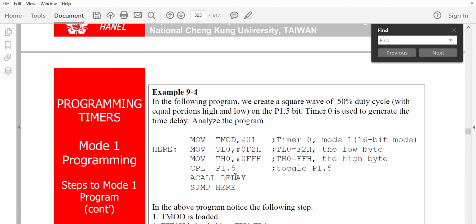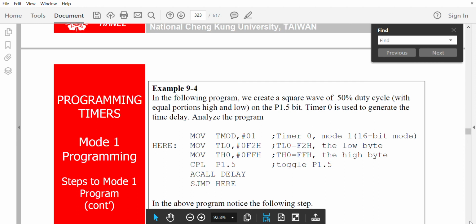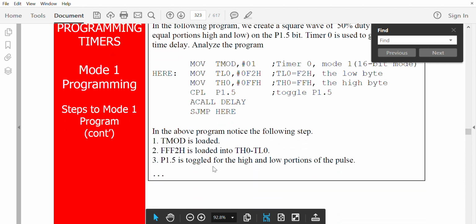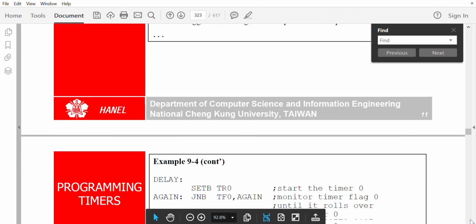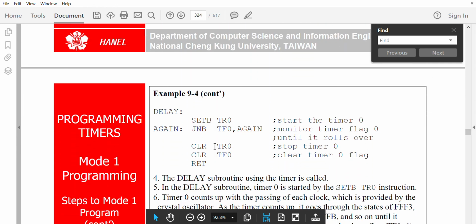Then some operation is done, CPL P1.5. Then we are going to continue this loop after a particular delay. So this is the delay program.